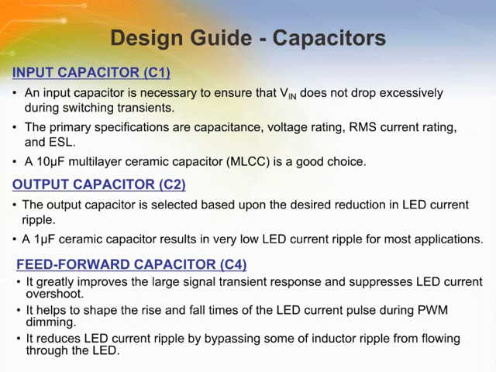The feed-forward capacitor C4, connected in parallel with the LED string, is required to provide multiple benefits to the LED driver design. For most applications, a 1 microfarad ceramic capacitor is sufficient. In fact, the combination of a 1 microfarad feed-forward capacitor with a 1 microfarad output capacitor leads to less than 1% ripple current flowing through the LED.